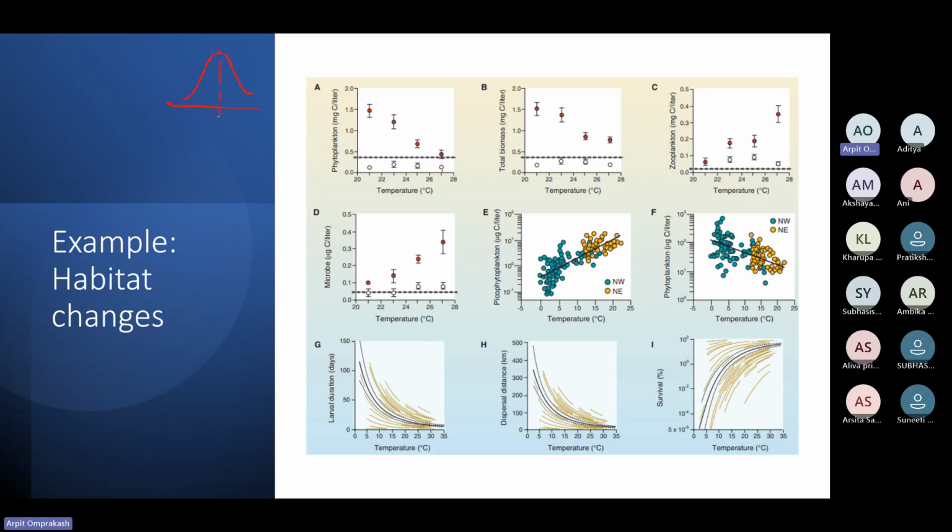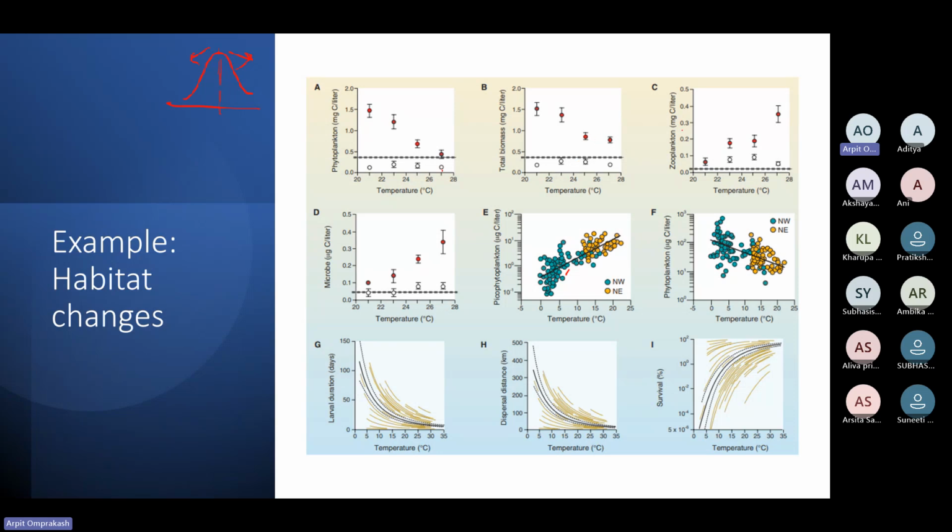So if the temperature is maintained at the optimal temperature, we see the highest activity. But if you go above or below it, then the activity and the abundance of that organism decreases. Similarly, in a given habitat, the total biomass decreases as the temperature increases, indicating that more and more organisms are not able to survive.